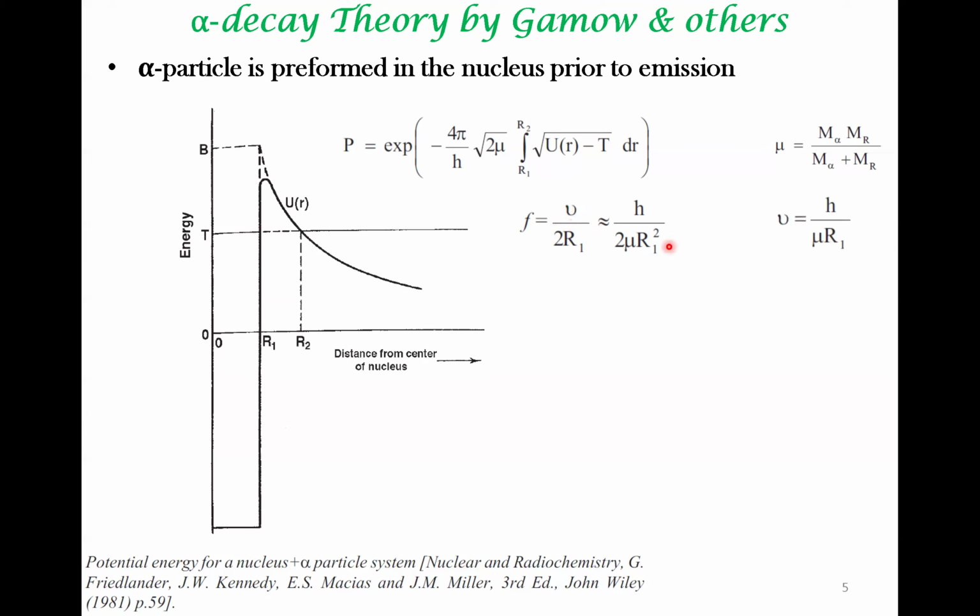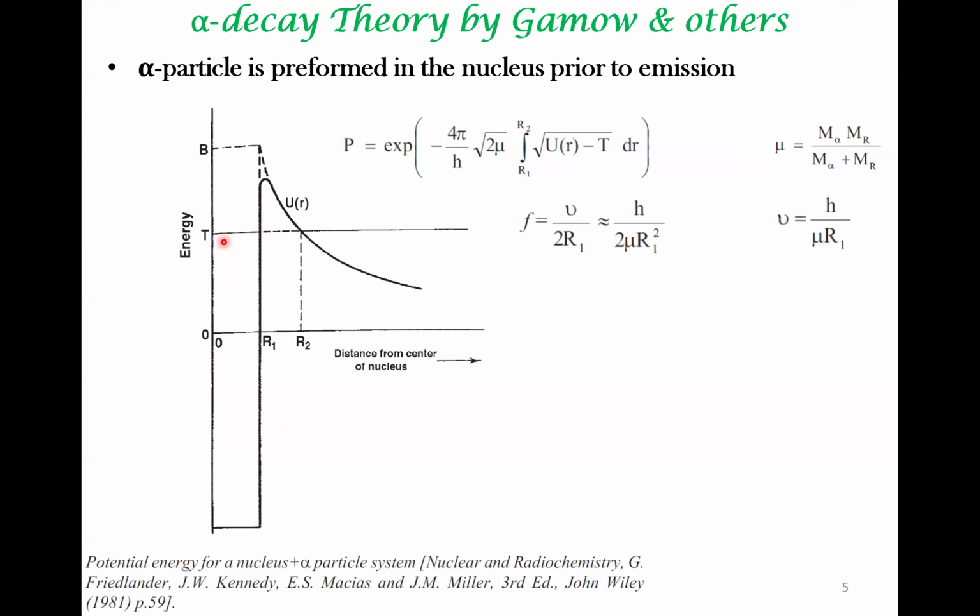This is obtained from what is called the de Broglie wavelength. The formula for de Broglie wavelength is h, Planck's constant, divided by momentum. The reduced mass times velocity is the momentum.